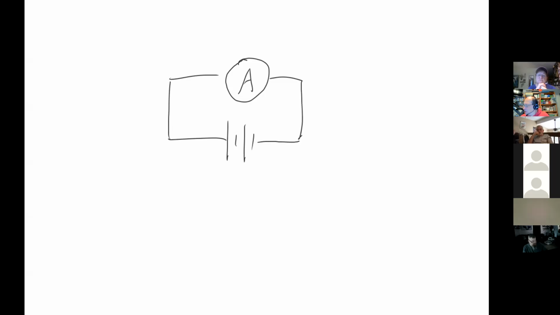Essentially, what this is internally is a short circuit, and it's looking at how much current is flowing through. How much current is flowing through there if there's no resistance? All of it.